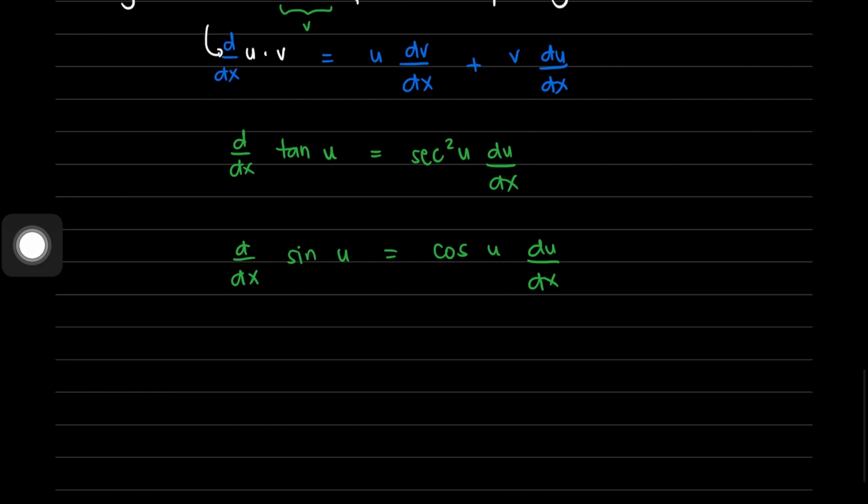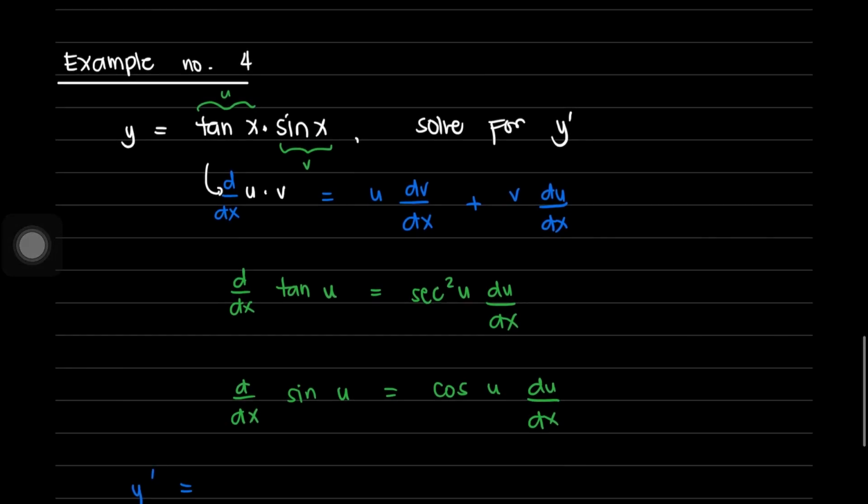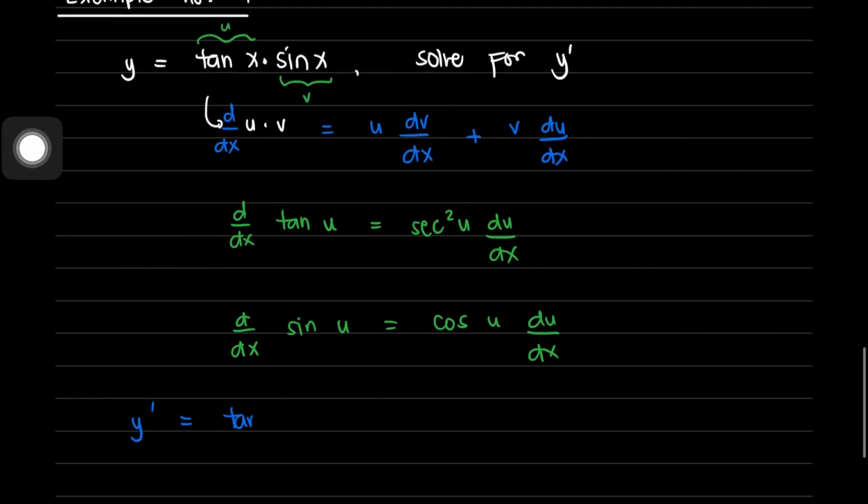So solving for y prime in here, this is now equal to, u is tangent of x, right? So that would now be tangent of x multiplied with the derivative with respect to x of sine of x plus sine of x multiplied with the derivative with respect to x of tangent of x.